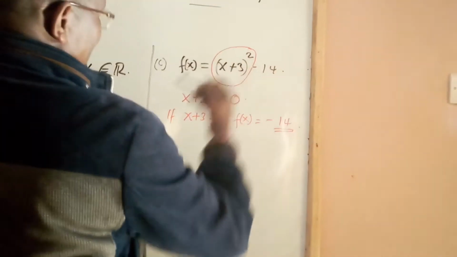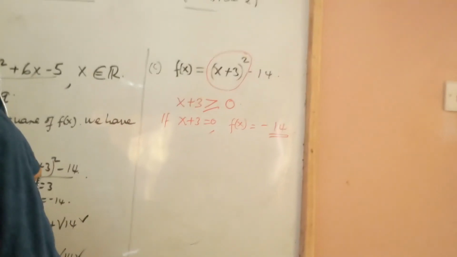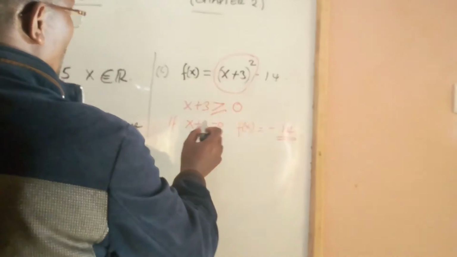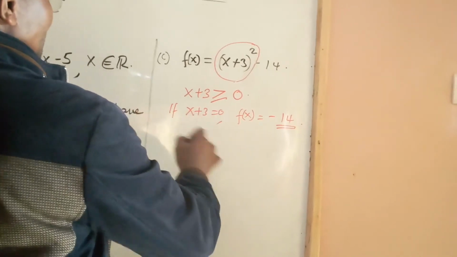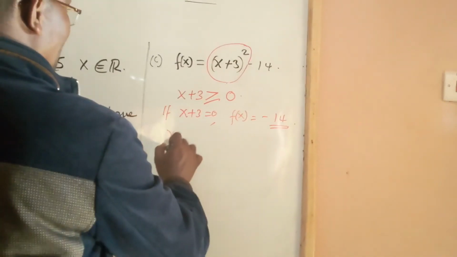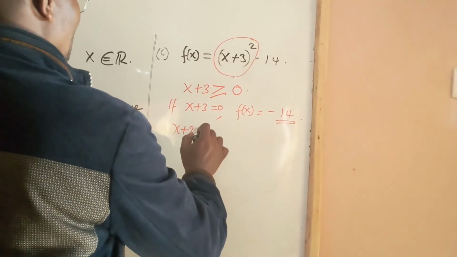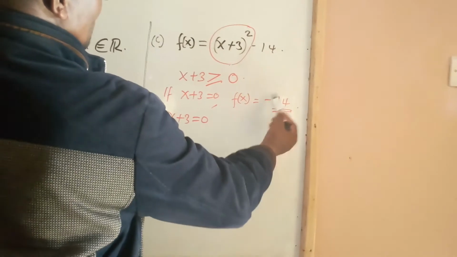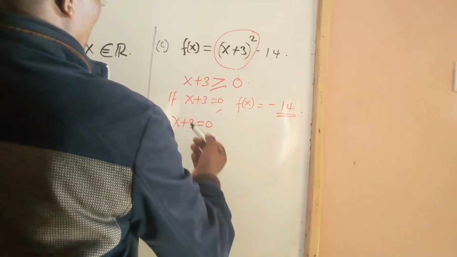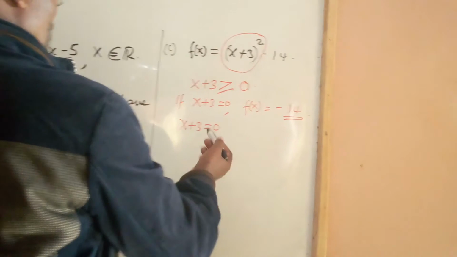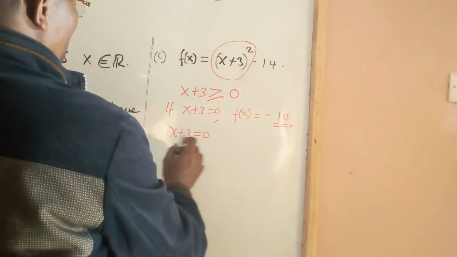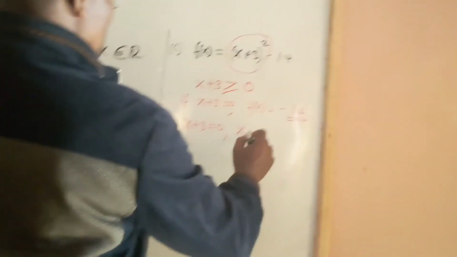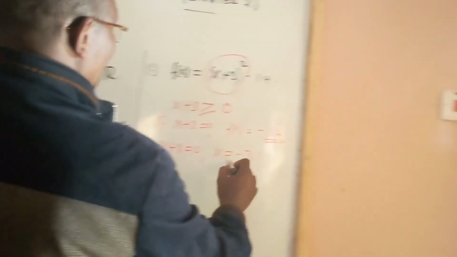And when is it negative 14? It is negative 14 when x plus 3 is equal to 0. This is when the least value of the function is negative 14. It can only be 0 when x plus 3 is 0, and of course, this means x has to be minus 3.